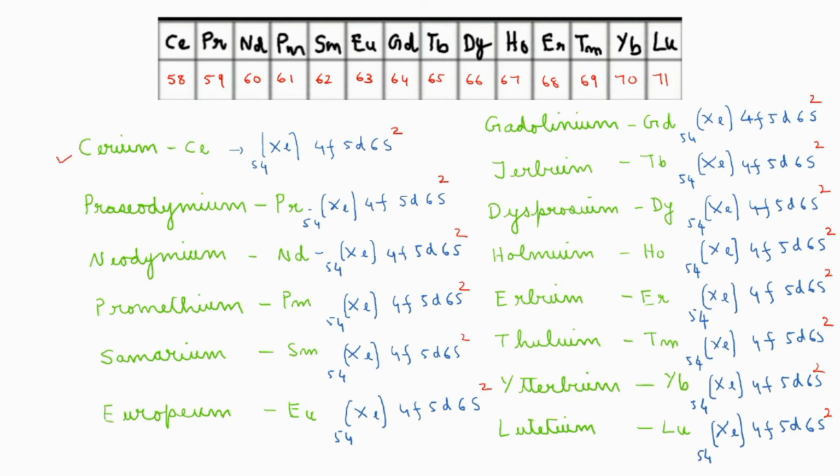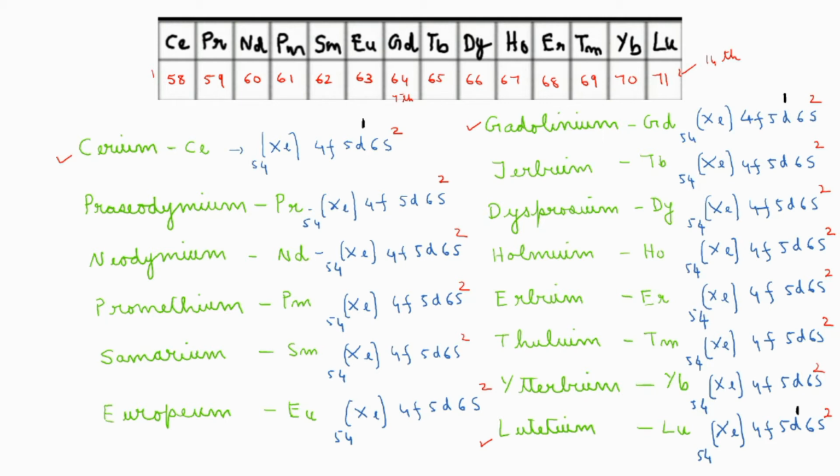Cerium, then gadolinium and lutetium will have 1 electron in the d subshell. See this one, cerium will have 1 electron in the d subshell. Then gadolinium will have 1 electron and lutetium also will have 1 electron in the d subshell.